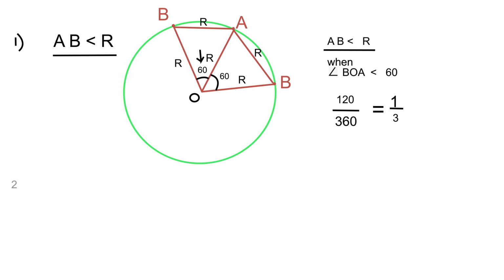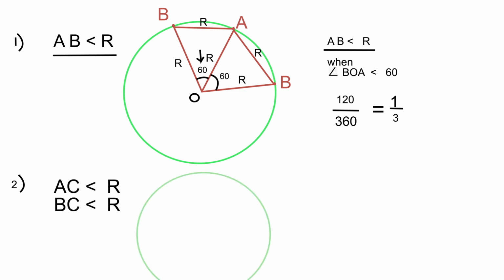Now we move on to our second scenario, which is AC has to be less than R and BC has to be less than R. So this time I've drawn 2 circles because we've got to look at it in 2 different ways.